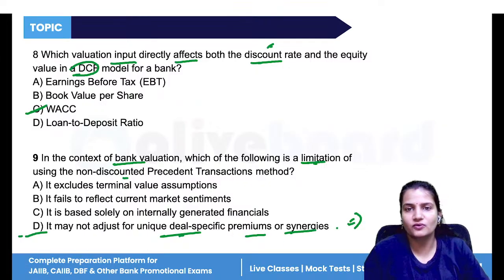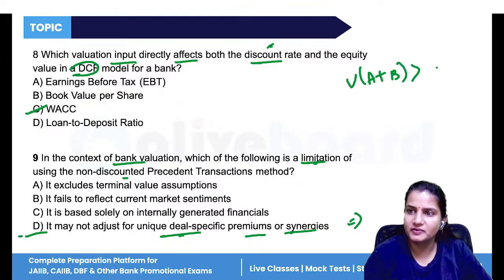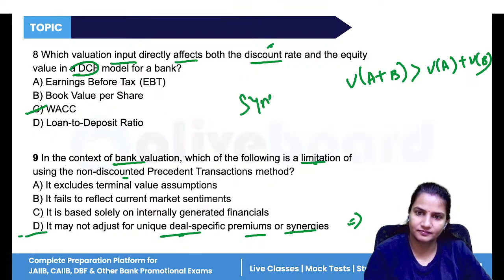Synergies means when two companies come together and work together, they will create more value comparatively to the companies working individually. The value of two companies A and B together will always be greater than the value of company A alone or company B alone. That is called a synergy.